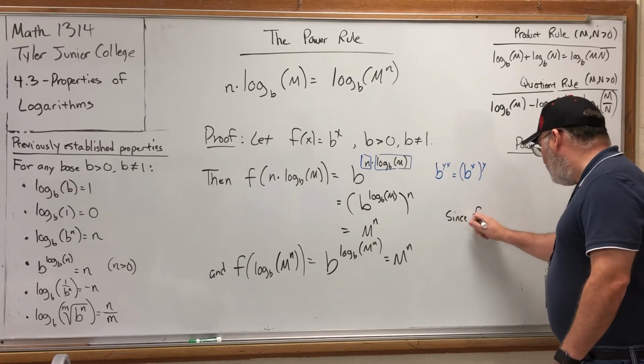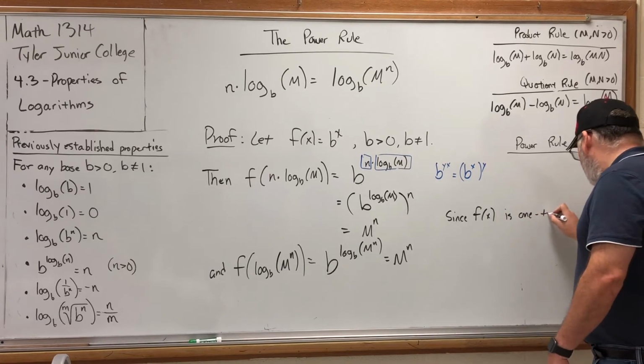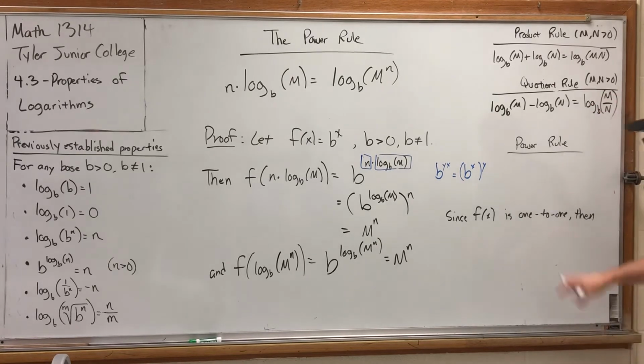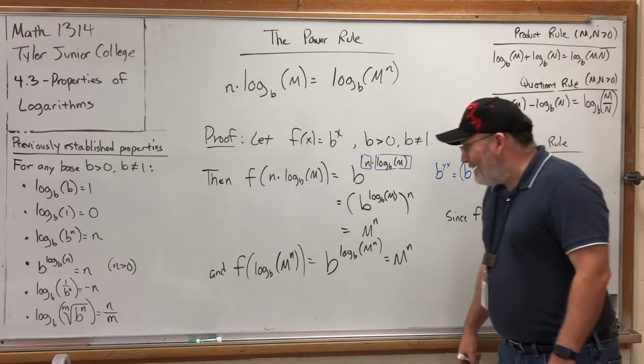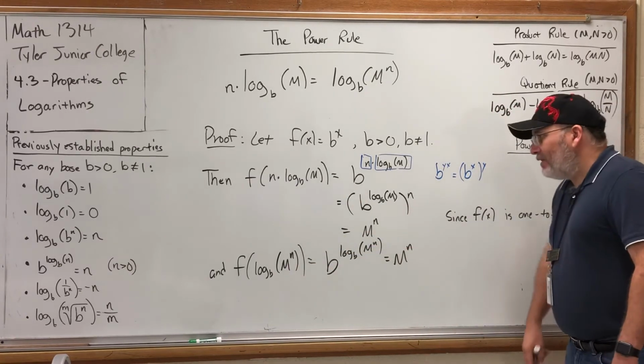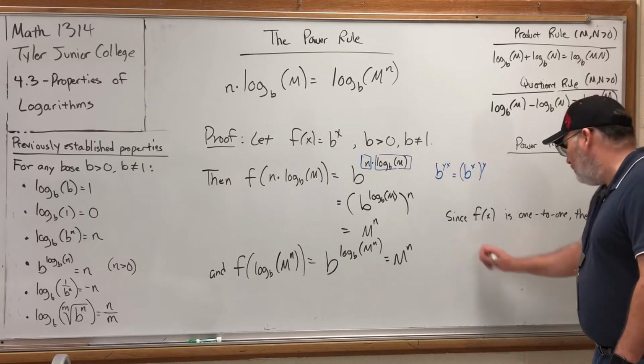Since f of x is 1 to 1, I'm leaving some of the words out here, but since the function is 1 to 1 and these inputs produced equal outputs, then we can conclude that the inputs are equal. That's what it means to be 1 to 1 as a function.